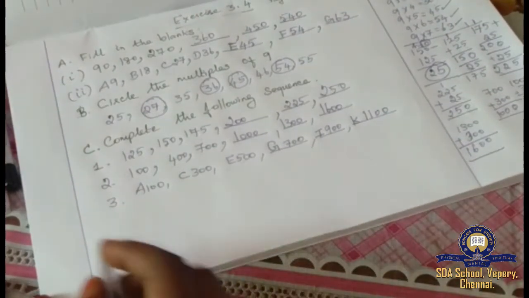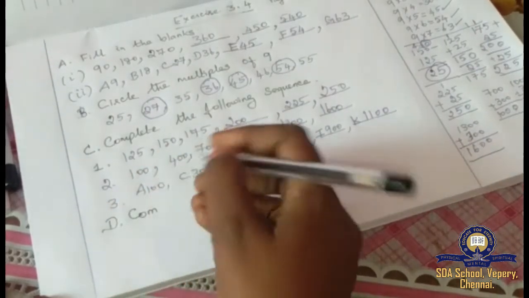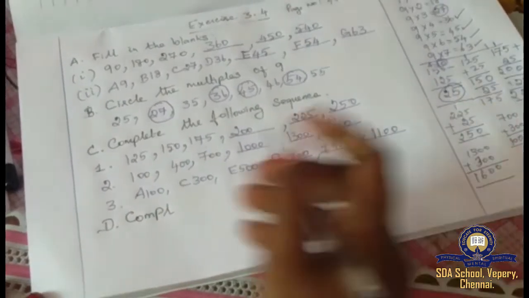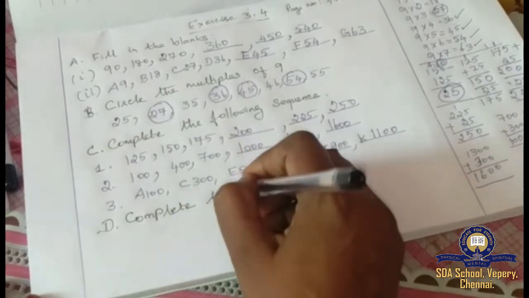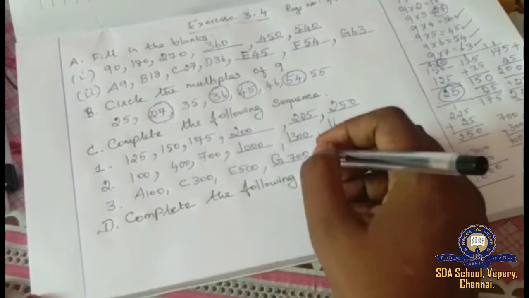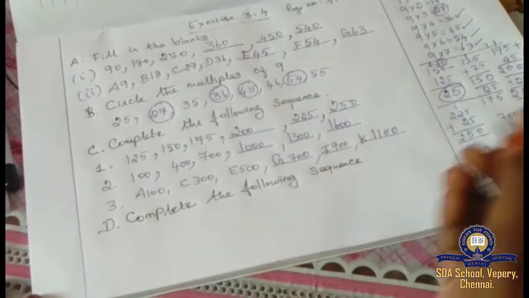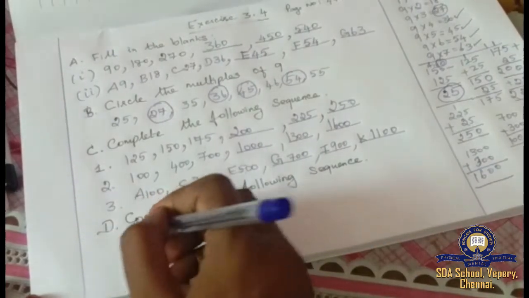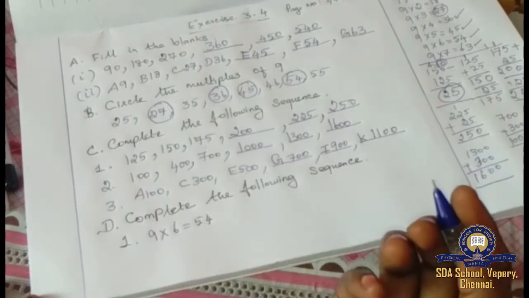Next one is D. Complete the following sequence. First, 9 into 6 equal to 54.